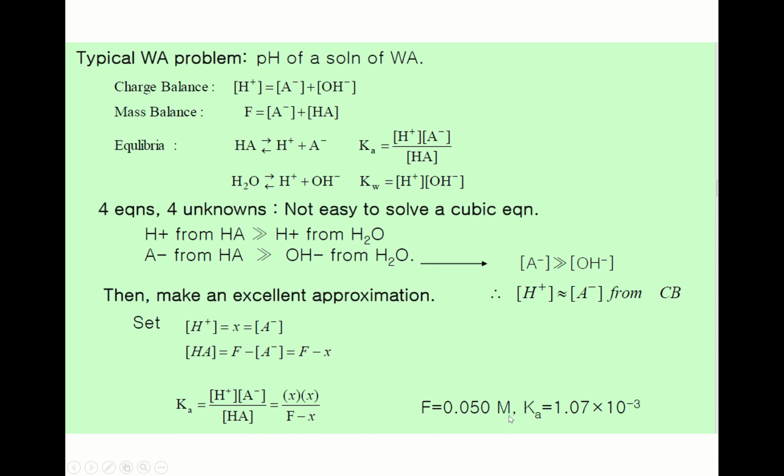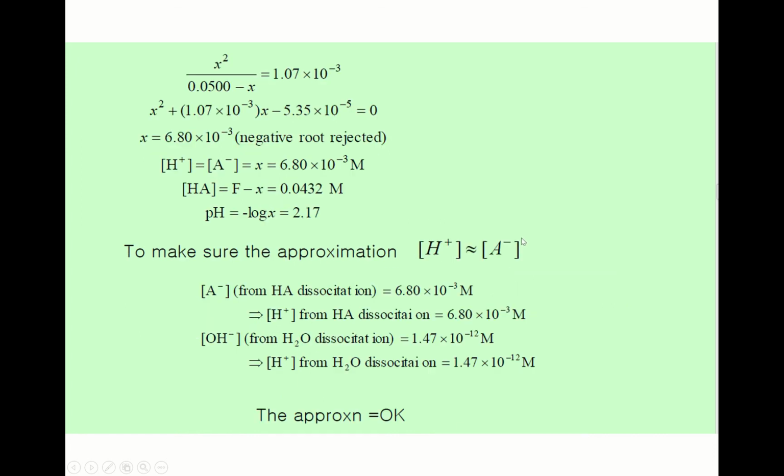For a 0.05 molar solution whose Ka is 1.7 times 10 to the minus 3, this is a weak acid but relatively strong. What's the pH using this equation?